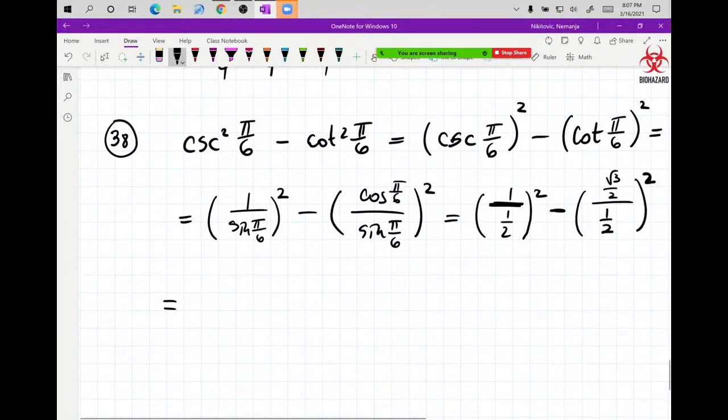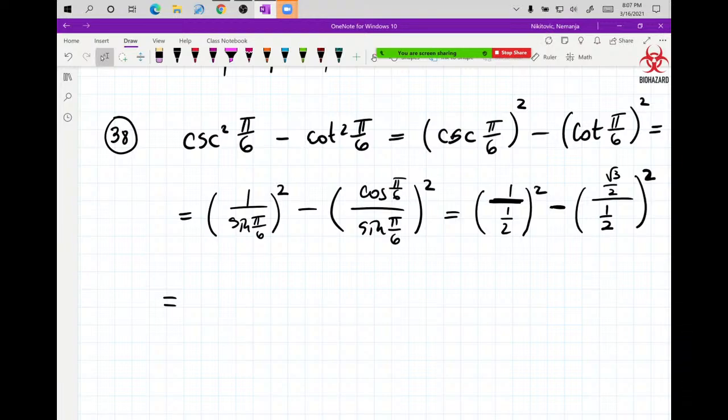Now I'm first going to simplify inside the parentheses. So I get 2 minus, and over here I get root 3 squared. So 2 squared is 4, minus 3, and there's your 1 again. Now please observe which way I computed a cosecant.